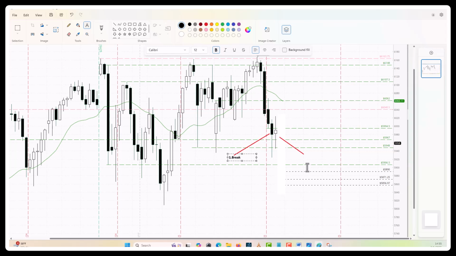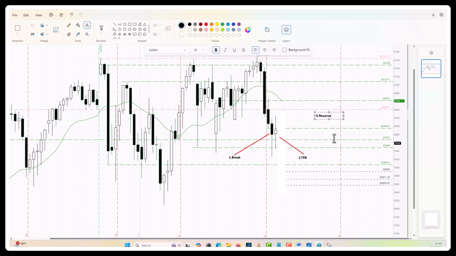All right, and then we have a second, which will be a test from below. You see the test from below right there. Then the next step we want to see if that's gonna be a reversal.